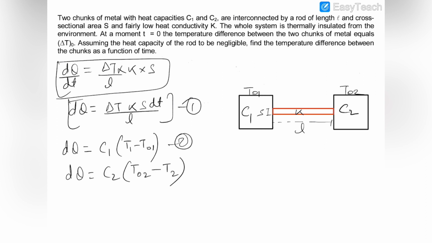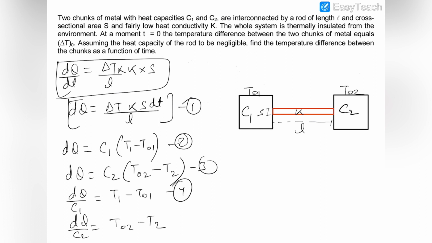Okay, now you can see that dq by C1 is equal to T1 minus T01. This is equation number 4. And dq by C2 is equal to T02 minus T2.